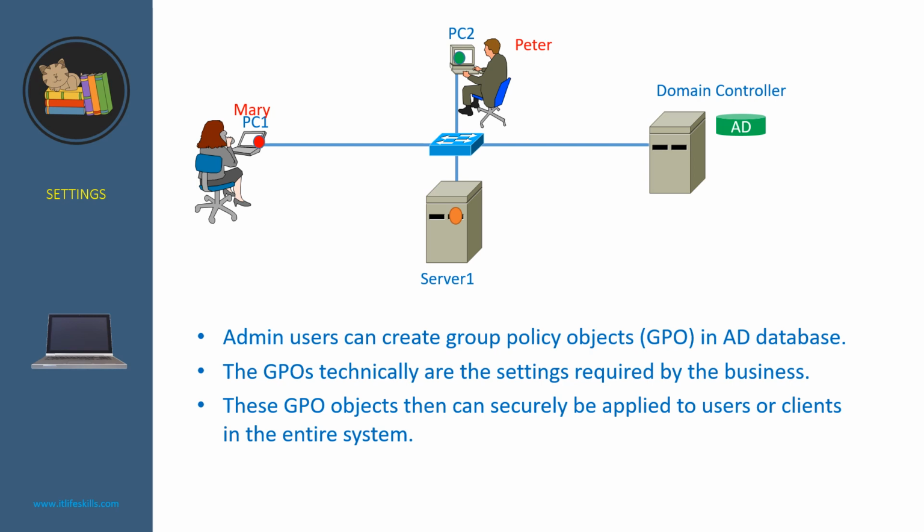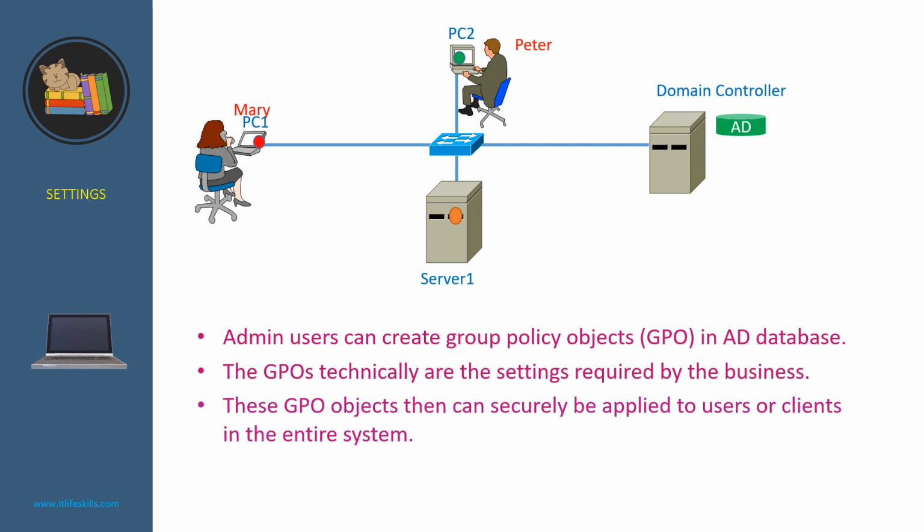Let's see how Active Directory can help with deploying the settings on the clients. In the Active Directory environment, admin users can create group policy objects, or GPOs, in the Active Directory database. The GPOs technically are the settings required by the business.